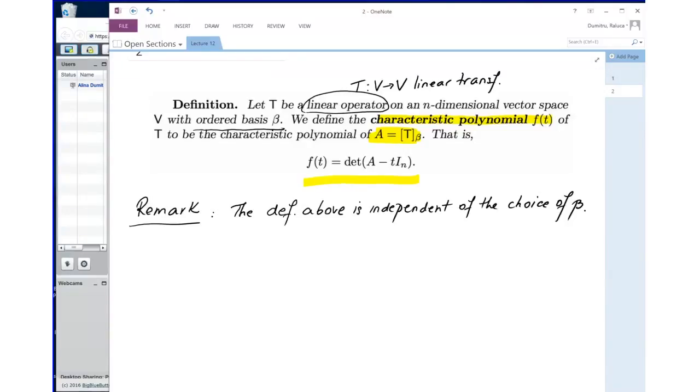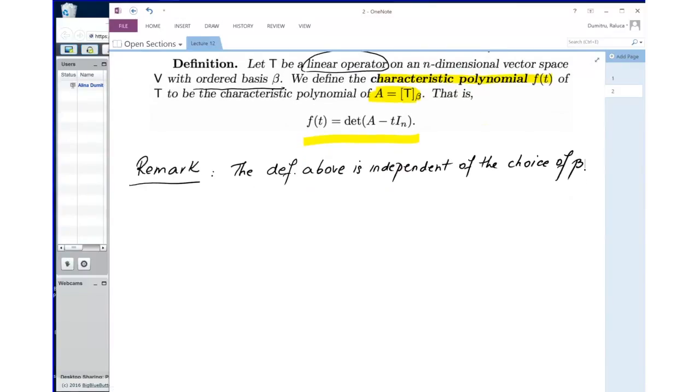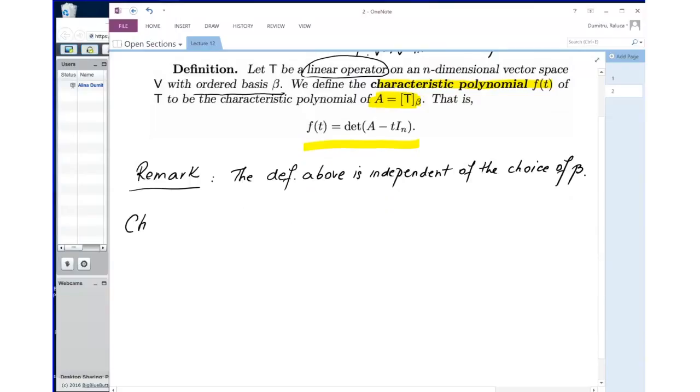I was telling you a while ago that there is this notion of a change of coordinate matrix. I'm going to need it now, so I'll go back and take a look at that. So let's look at this idea of the change of coordinate matrix.